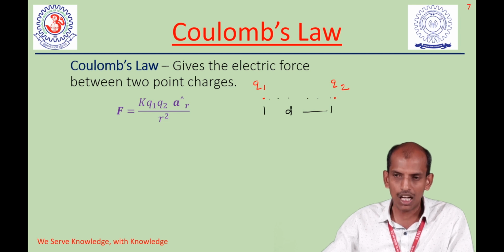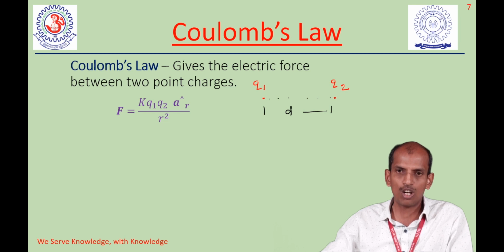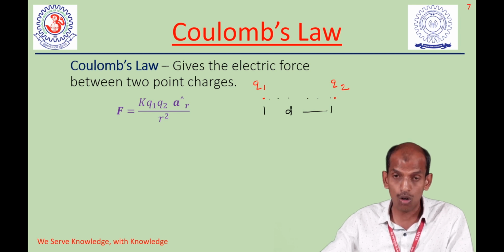The point charge means the magnitude of this charge is such that if it is kept on any body, the physical dimension of that body is negligibly small in comparison to its surrounding objects. So for example, let me illustrate it. For example, there is one paper pin.